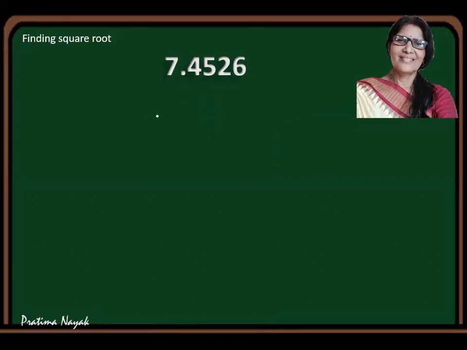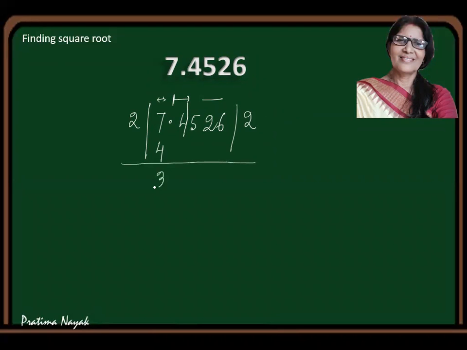7.4526. So let us learn. First, from the decimal make the boundary 2, 2, and here 7 is 1. So 2, because 3 times 3 is 9, which is greater than 7. Then the decimal. 2 plus 2, 4.